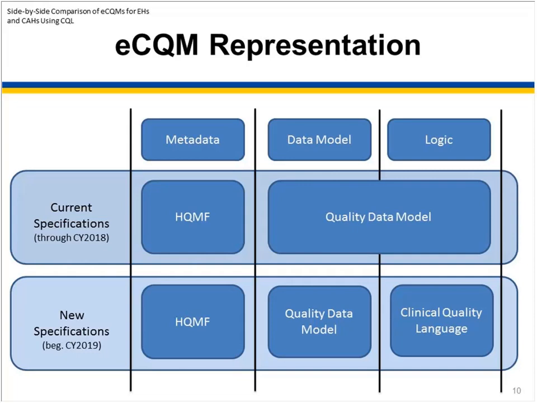But with the new specifications, what we've done is evolve that logic portion of quality data model into its own specification called clinical quality language. So with the new specifications, we still use HQMF to talk about the metadata. We still use quality data model to talk about the data involved. But now we use clinical quality language to describe the relationships and the criteria.